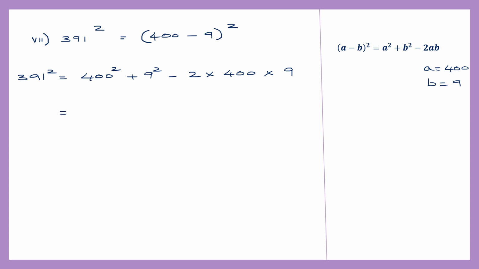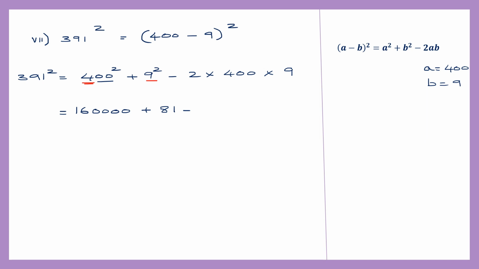So let's simplify this. 400 square: find the square of only 4. 4 fours are 16. And then when you find the square of two zeros, we add two more zeros. Plus 9 square. 9 nines are 81.